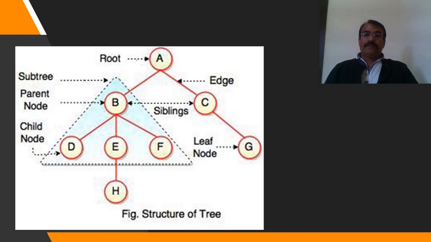How is it happening? See here, A has the next level as B and C. So A leads to B and C, whereas B leads to D, E, F, and C leads to G. So B has no connection with G or C. This is a tree data structure where we call this particular node the root node.